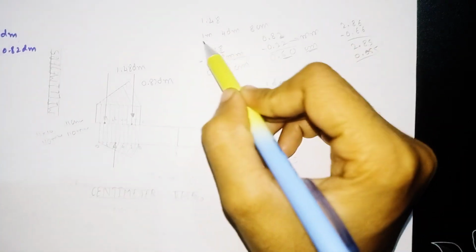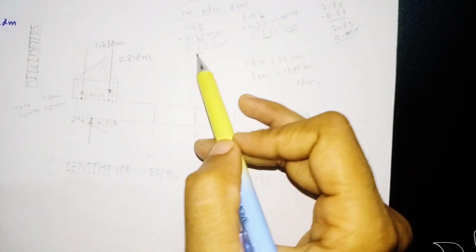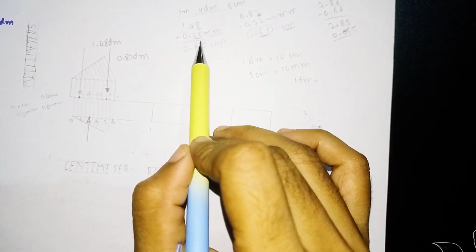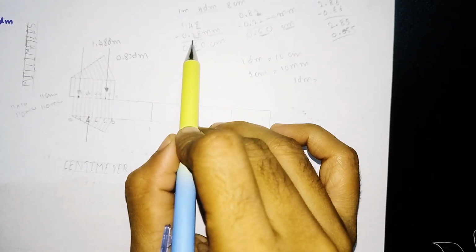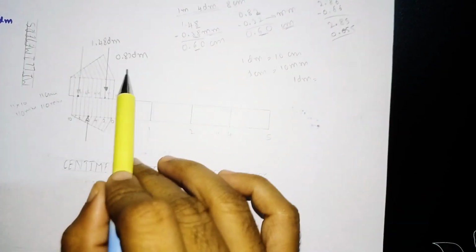When it comes to the vernier scale we use this method. We have to subtract the last digit, whatever it may be, from the value they gave, and then we need to mark the mm and centimeter.